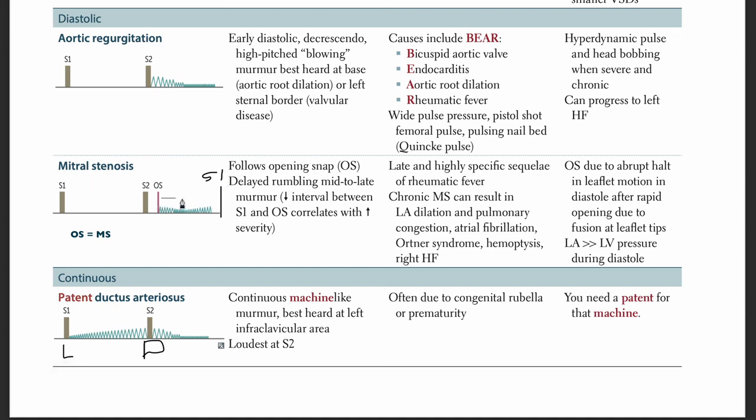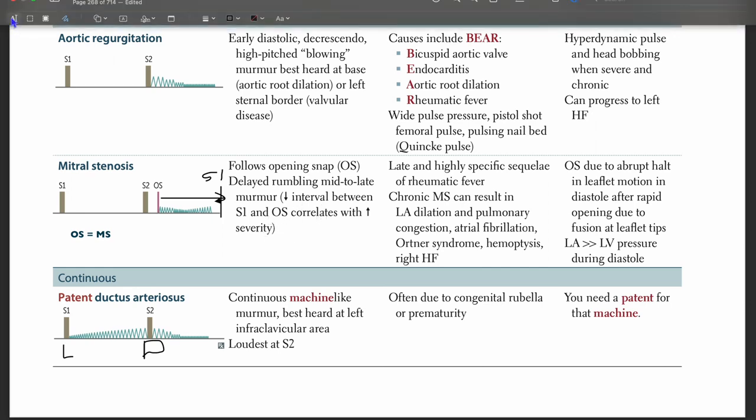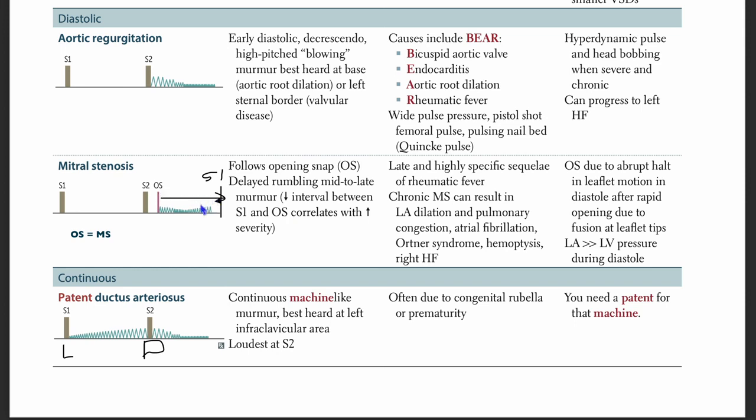So the closer this distance gets to this, the higher the intensity, or severity, sorry. You need to know that. There are questions about that. They ask you how would you know how severe this is. Well, the distance decreases in severity.